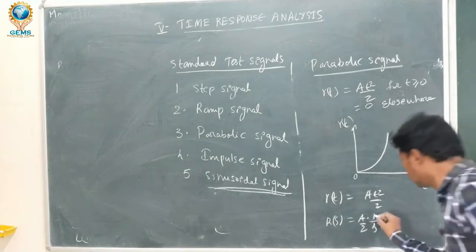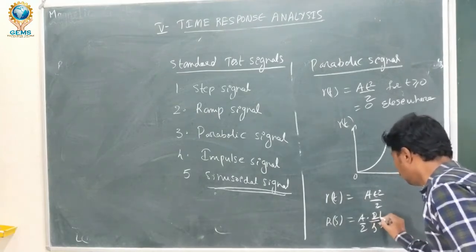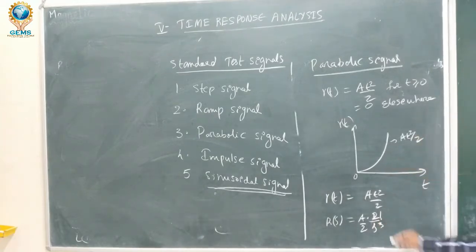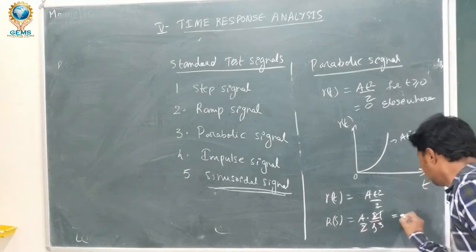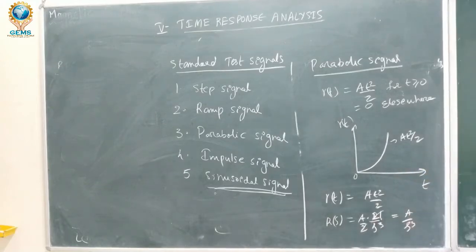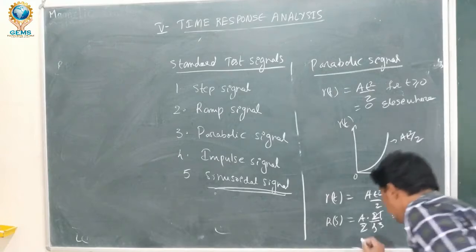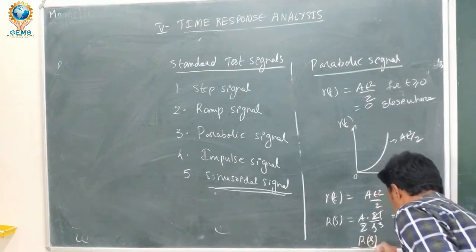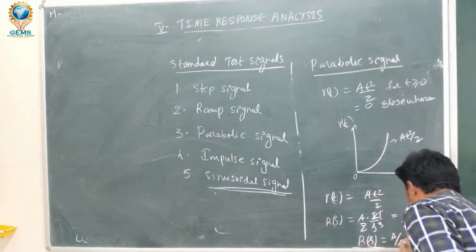Of course, there is a 2 factorial, so 2 factorial is 2. So the 2 gets cancelled and you will get A by s cube. So this is the input signal, the parabolic signal.